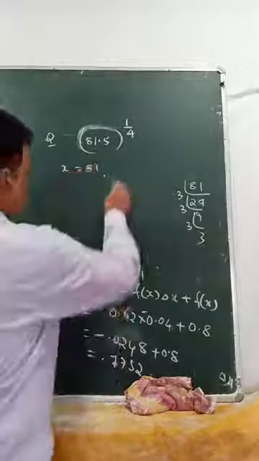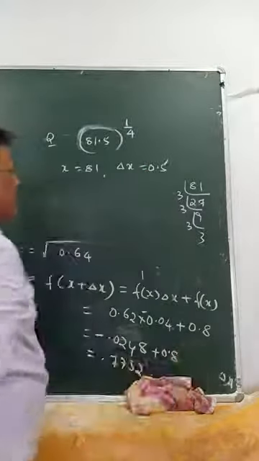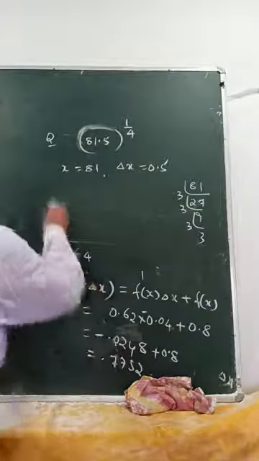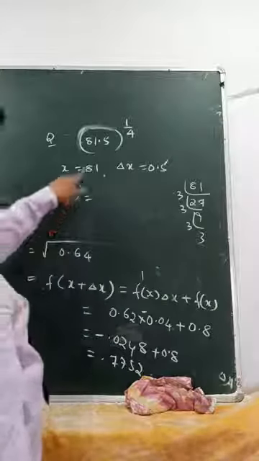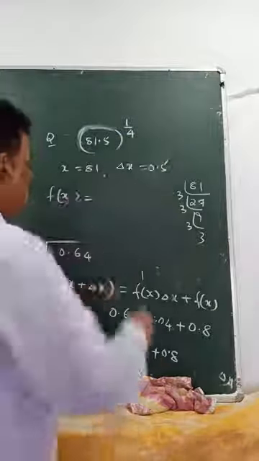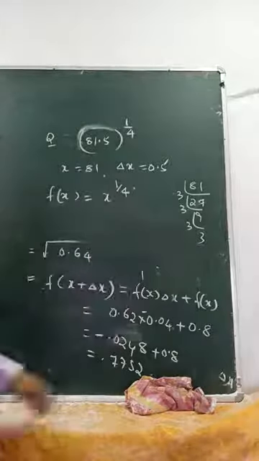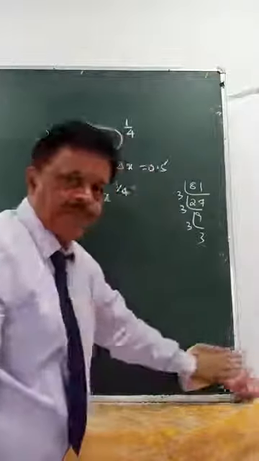So then what is your delta x? 0.5. Okay, you got x, you got delta x. Now how to define f(x)? f(x) is to be defined according to its power. That means it will be x to the power 1 upon 4. Then what shall I get?